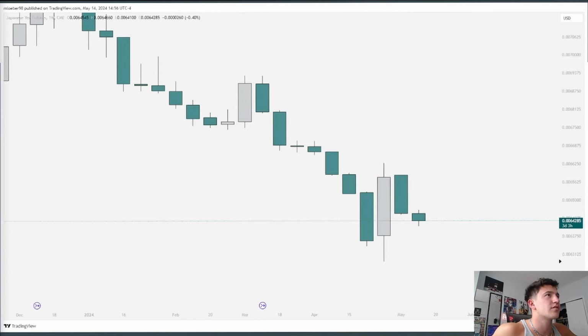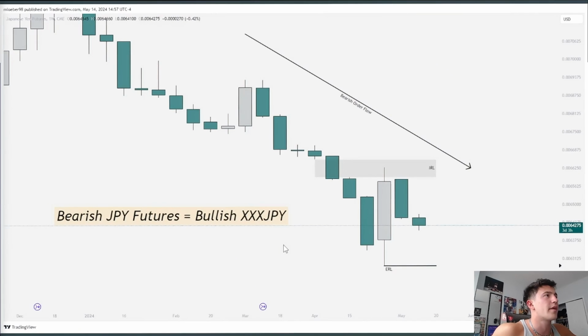Now look at this chart for the Japanese yen futures, and you tell me what the higher time frame is depicting on this chart. With my annotations here, you can see that order flow has been bearish. If we're incorporating our internal and external range liquidity, price reached an internal range liquidity pool and rejected off of it, now drawing and respecting the higher time frame order flow, drawing down to the external range liquidity pool low, resting here.